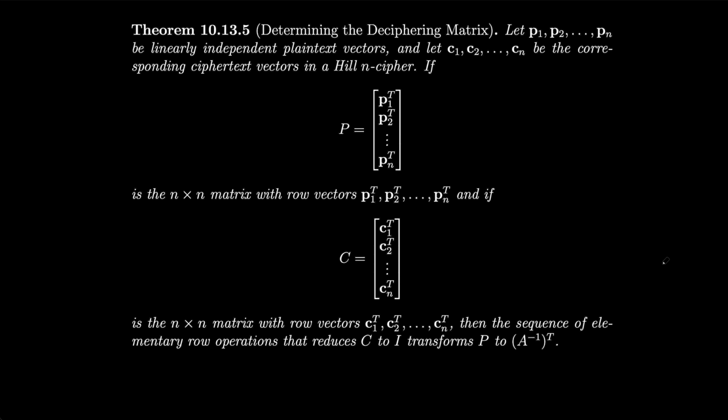In order to determine the deciphering matrix, let P1 through Pn be linearly independent plain text vectors. Let C1 through Cn be the corresponding cipher text vectors in a Hill n cipher, so not necessarily a Hill 2 cipher.